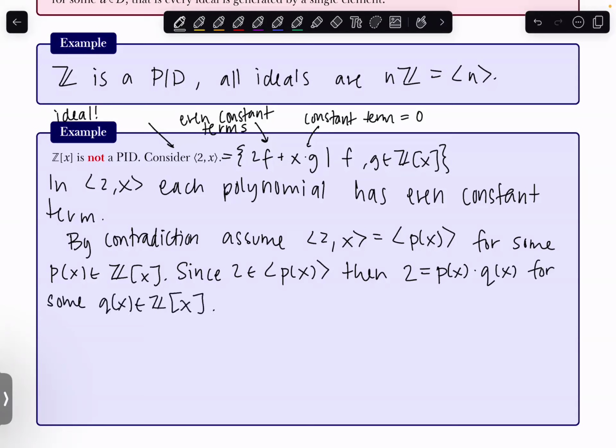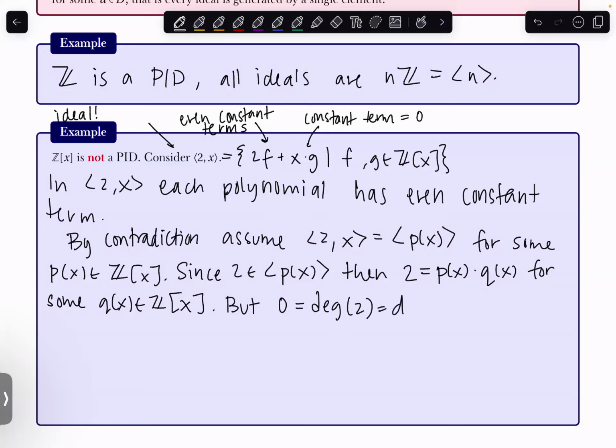Okay, and what we're going to do is study the degree of both my pieces here to tell me something about what p has to be. But here we know that the degree of a constant polynomial that's not 0 is degree 0.